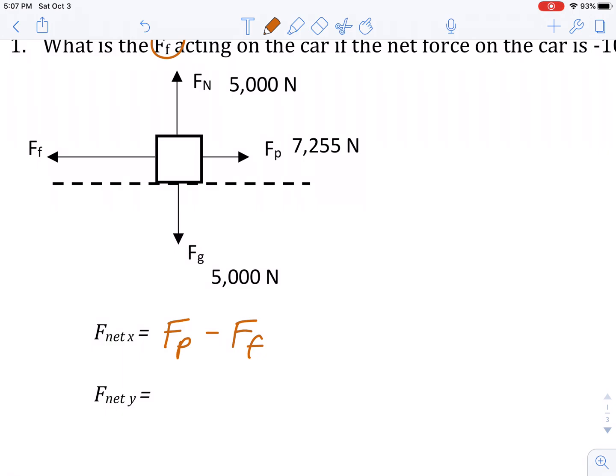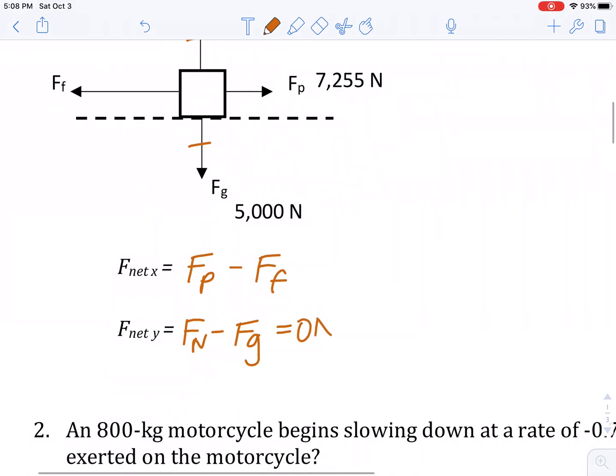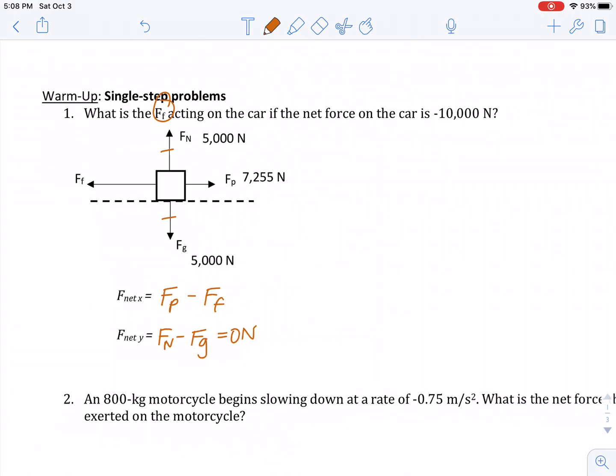A lot of times we say this is equal to 0. In the y direction, we do upward forces minus downward forces. In this case, I notice 5,000 newtons and 5,000 newtons. These are equal, so I can write that this whole quantity is equal to 0 newtons.